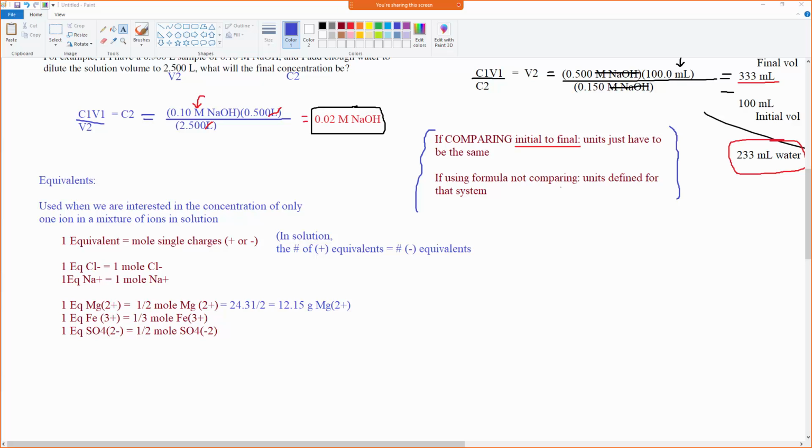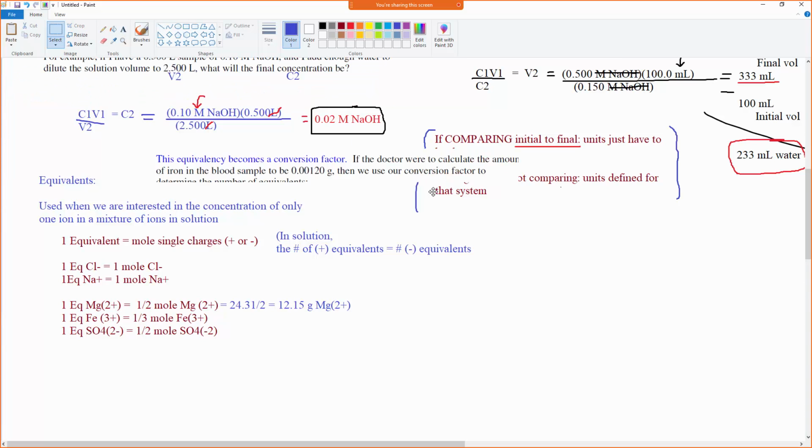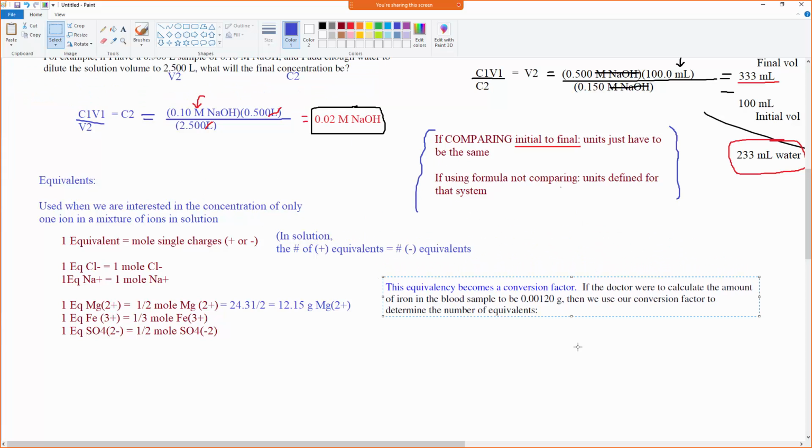So, for instance, if the doctor were to calculate the amount of iron in a blood sample to be 0.00120 grams, we can calculate the number of equivalents that is. We want to go from grams to equivalents.